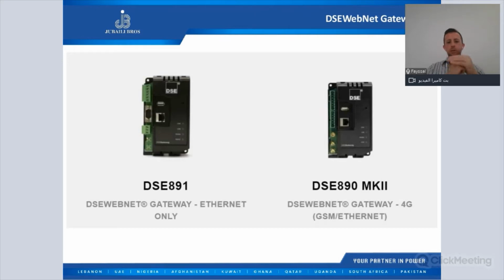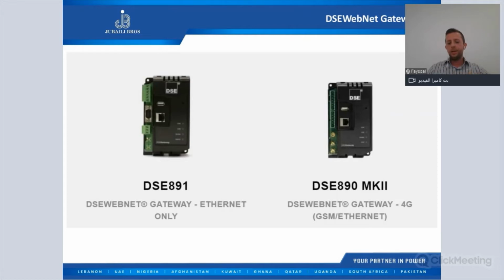So, two gateways are available from DSE, the DSE890 and the DSE891. The main difference between both gateways is that the DSE891 only supports Ethernet connection. So you'll have to have a DSL connection with a modem on site near the genset that is connected to the internet, which you can link to your machine or genset.